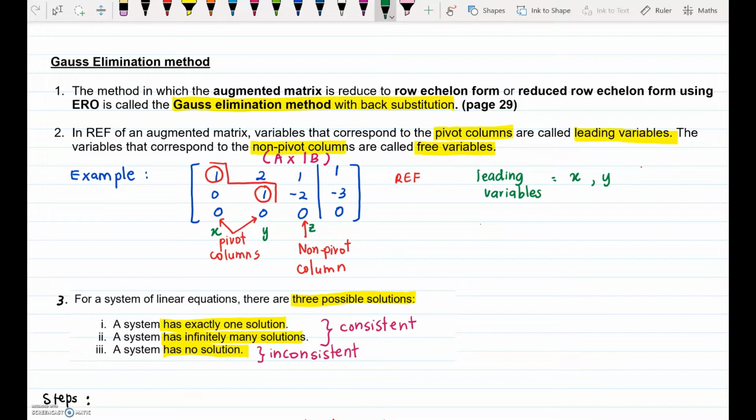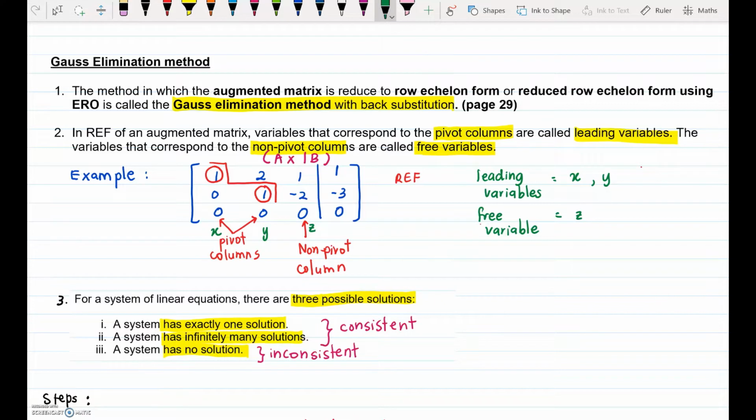The free variable is z, because the column for z does not contain any leading one. These free and leading variables will be used in back substitution.